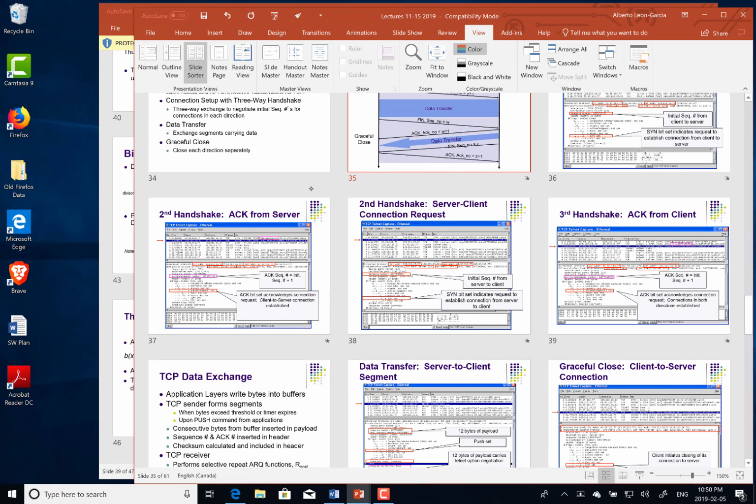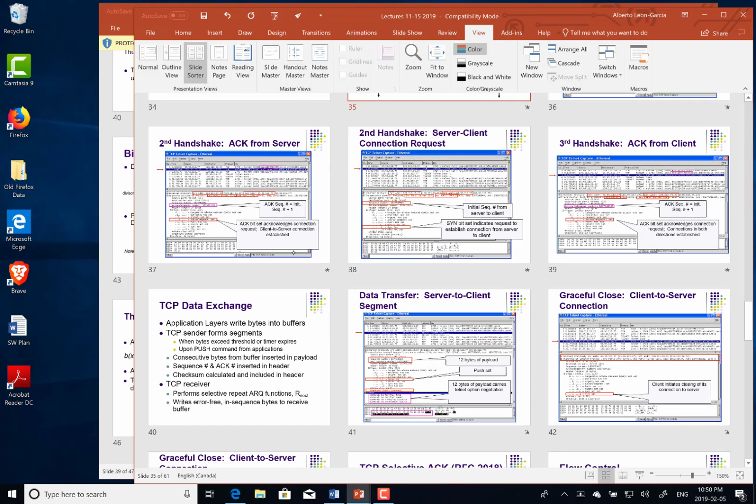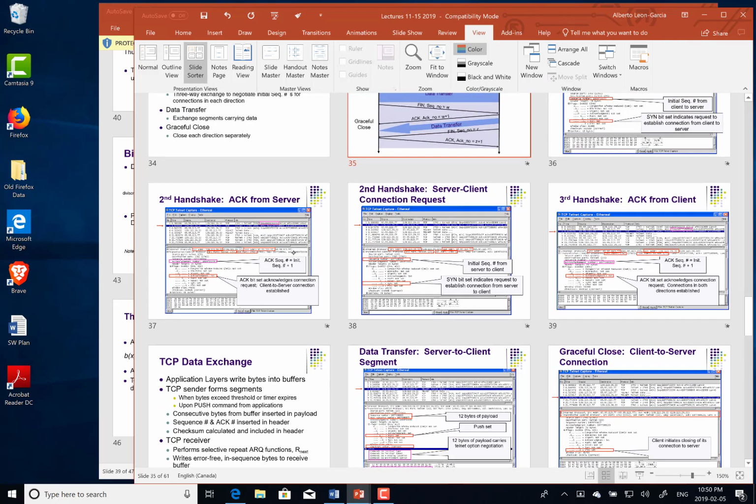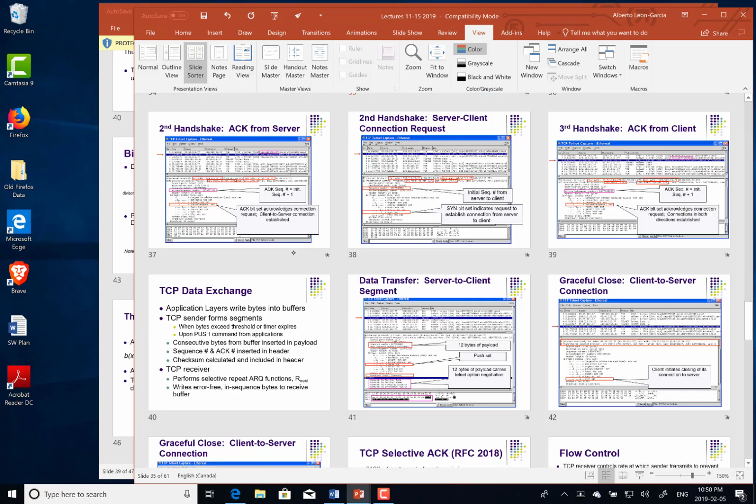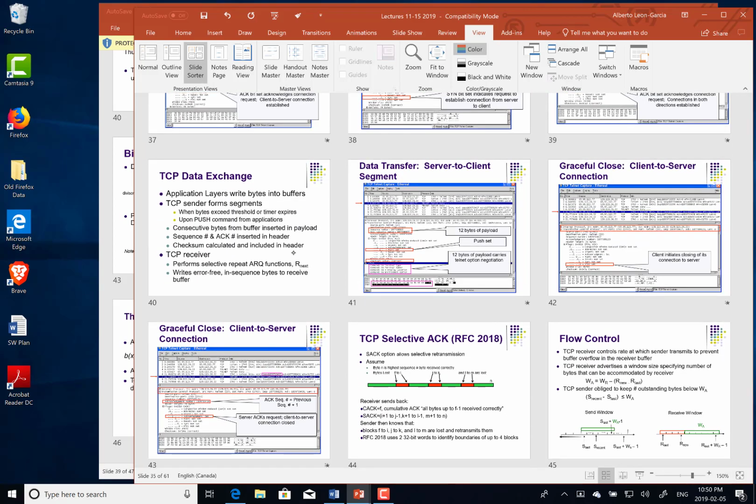Then we gave some examples that show the operation of the three-way handshake, the initial sequence numbers, and the graceful close for TCP. Now, the other thing that TCP is doing is, as you're sending information back and forth, it's sending acknowledgments and sequence numbers.